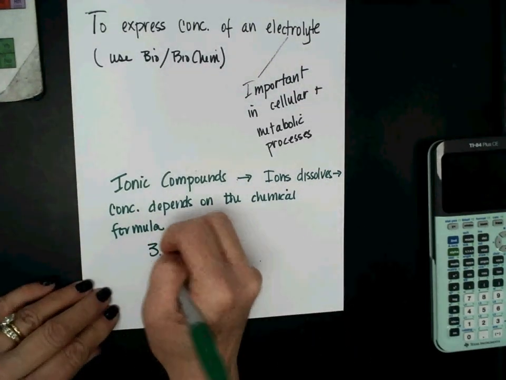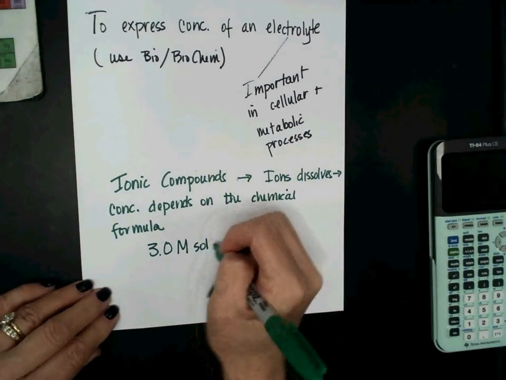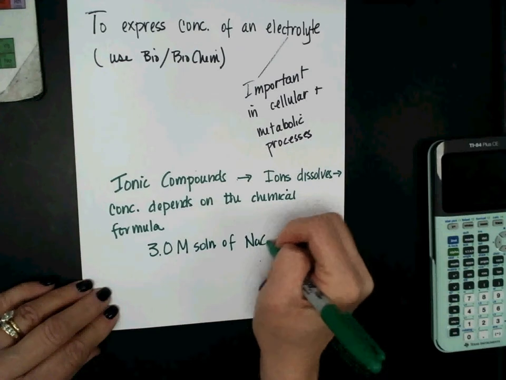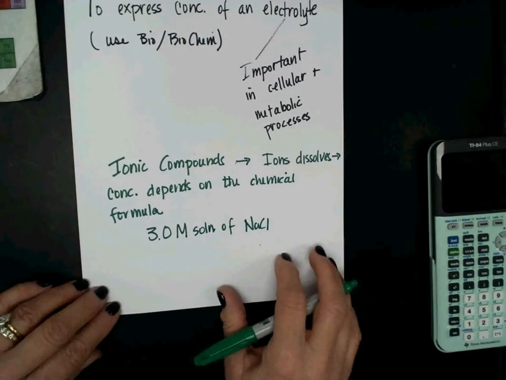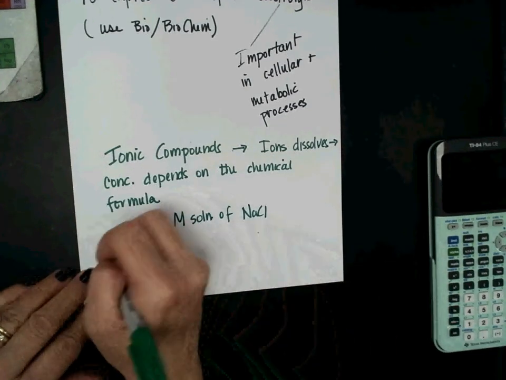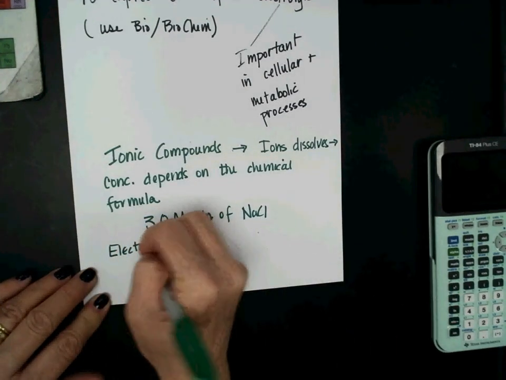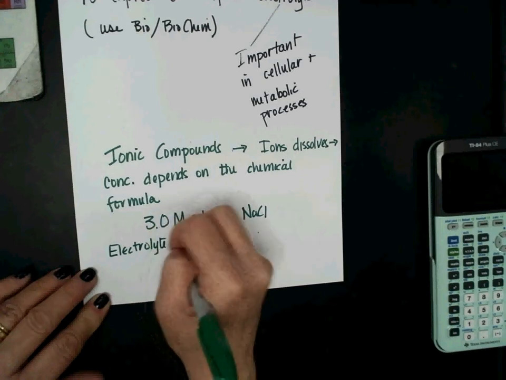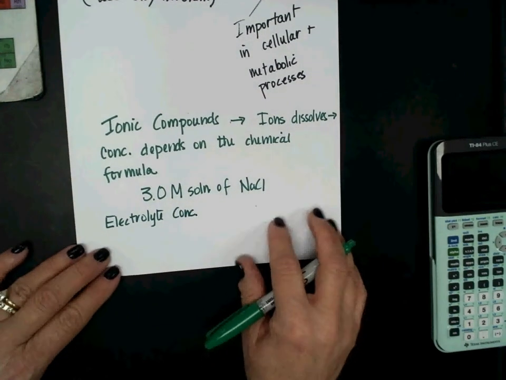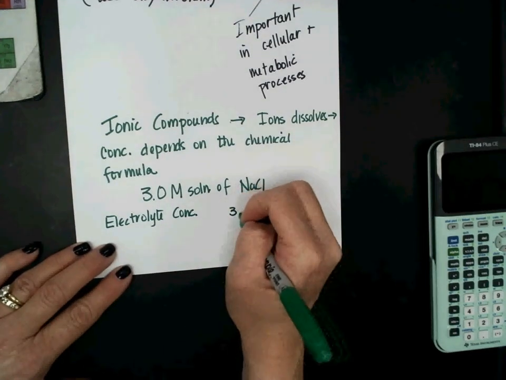So if I said that I have a 3.0 molar solution of sodium chloride, NaCl, and I'm asked to express the electrolyte concentration, it's pretty easy because it's a 1-to-1 ratio.